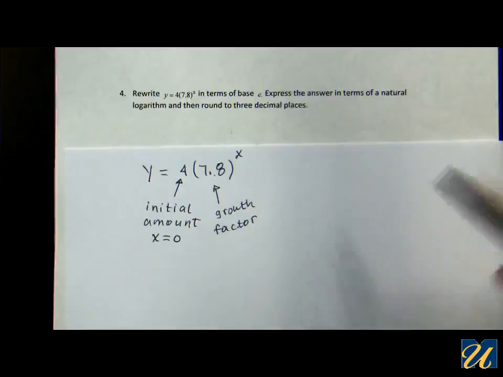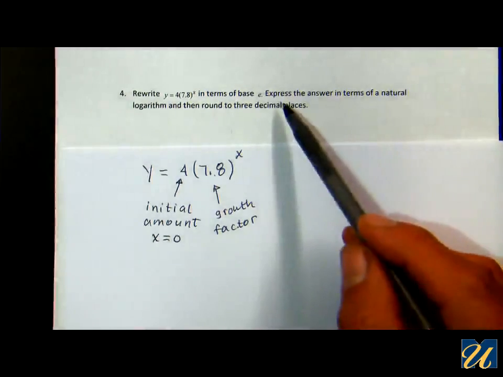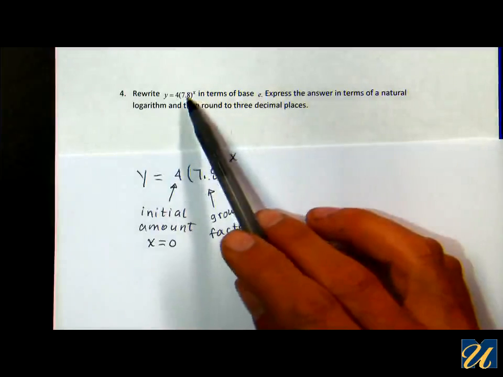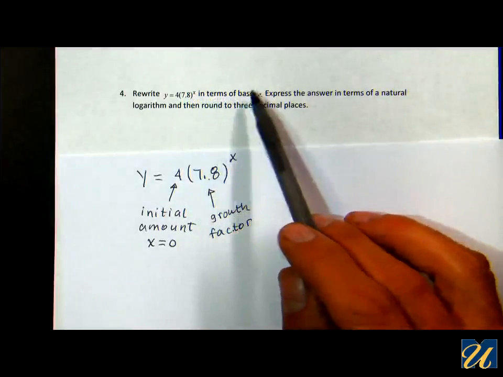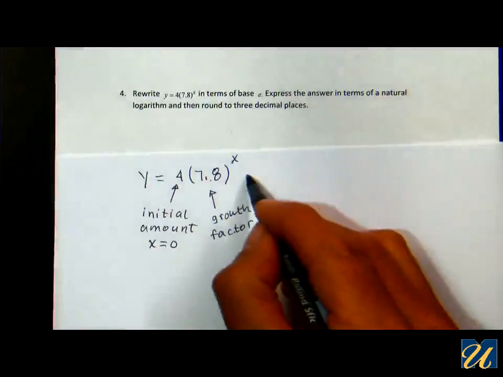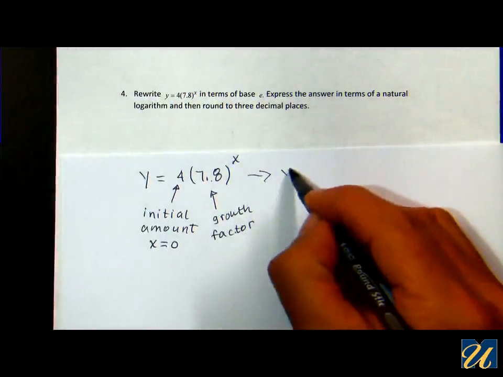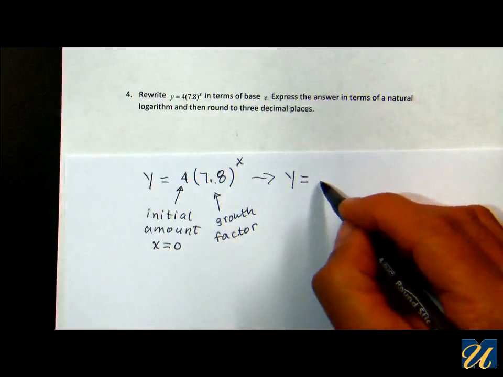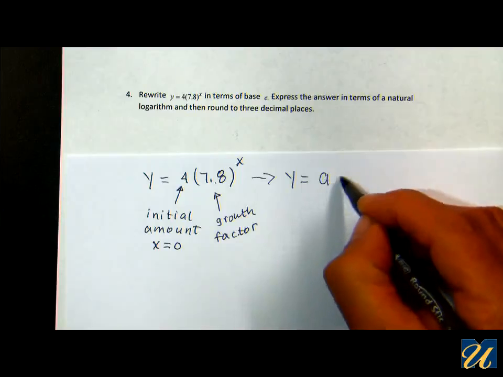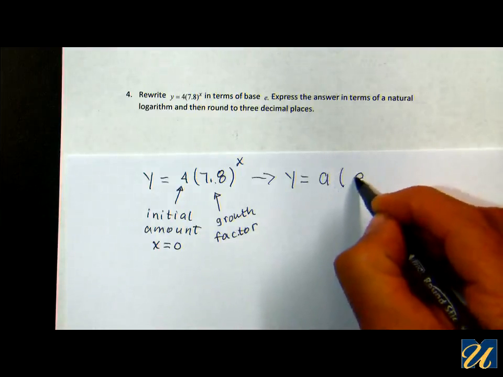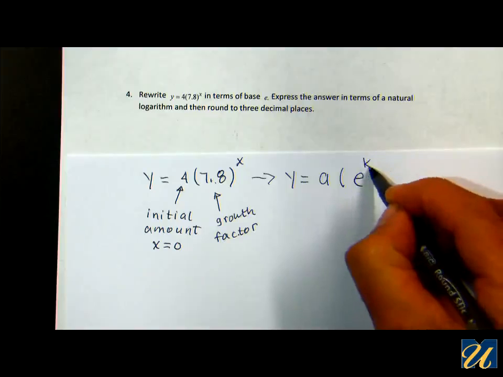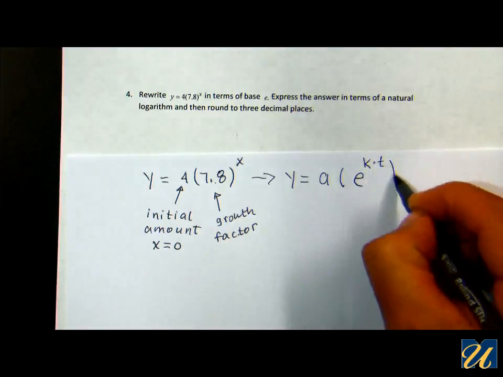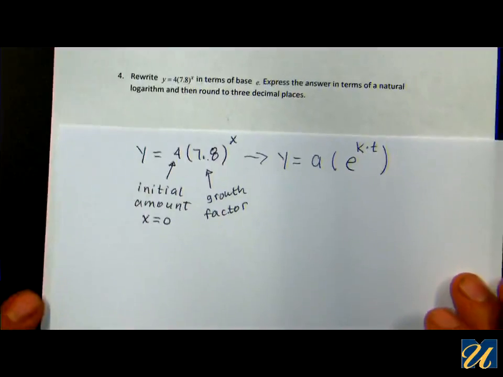Okay, what does the question ask? Write this function in terms of base e. In other words, we want to transform this into a function that has an initial amount, we could call that a, times e exponential to the k times t. So there's base e exponential.